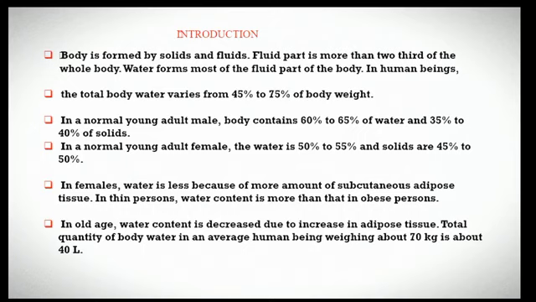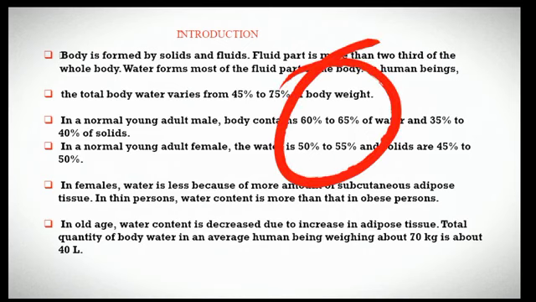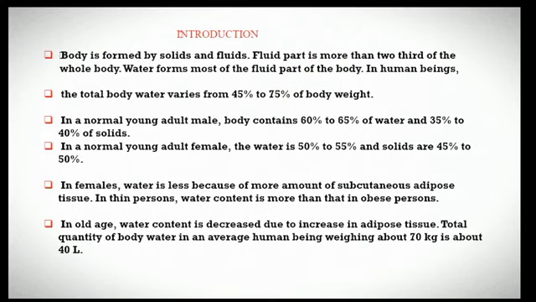A human being is made up of solid and fluid, and the fluid is about two-thirds of the whole body, while the rest is solid. That is to show that about 60 to 65% of a human being is made up of water, or what we call body fluid, while about 35 to 40% is made up of solid.